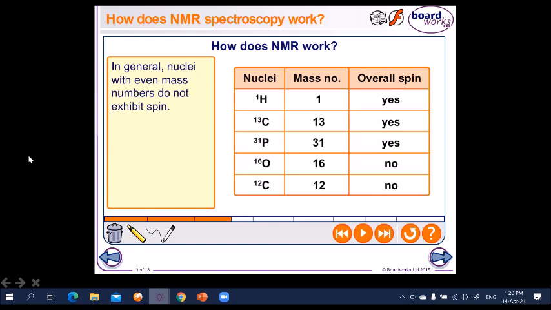So far we've seen hydrogen and carbon-13, one of the three isotopes of carbon, and then phosphorus. And there's also fluorine, I believe, but I can't remember what fluorine's atomic number is. Those with even numbers do not have spin.